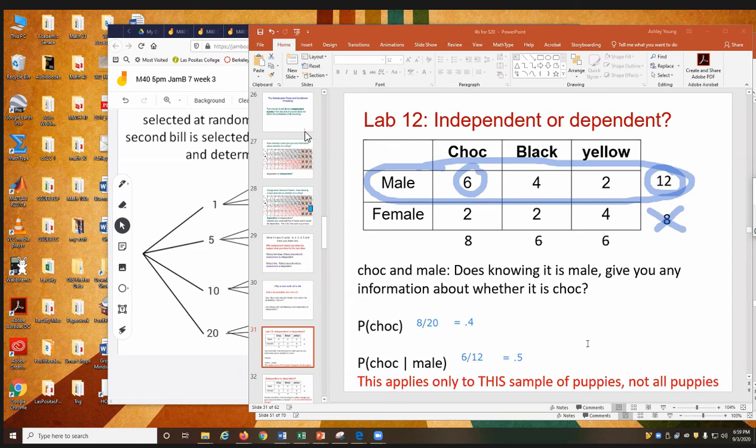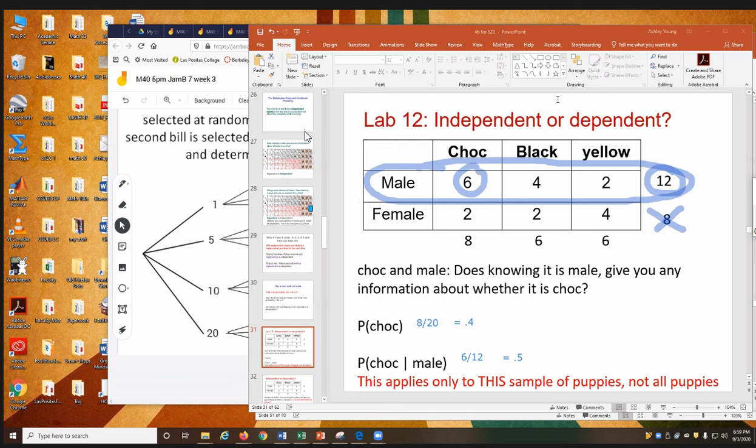So don't tell me, well, whether or not you like tea doesn't affect whether or not you're male. I don't care about the world. I'm talking about just this sample. So in this sample, if it's a male puppy, it's more likely it's a chocolate lab, because half of them are chocolate labs. Okay, so far?